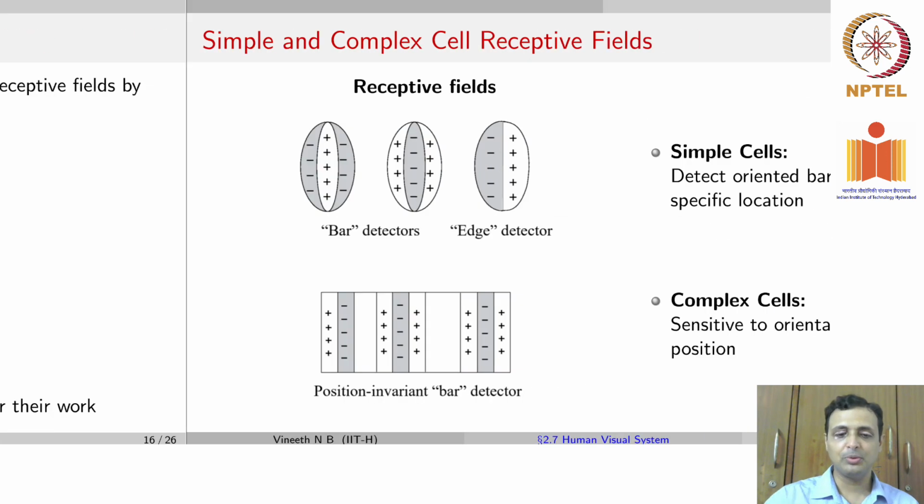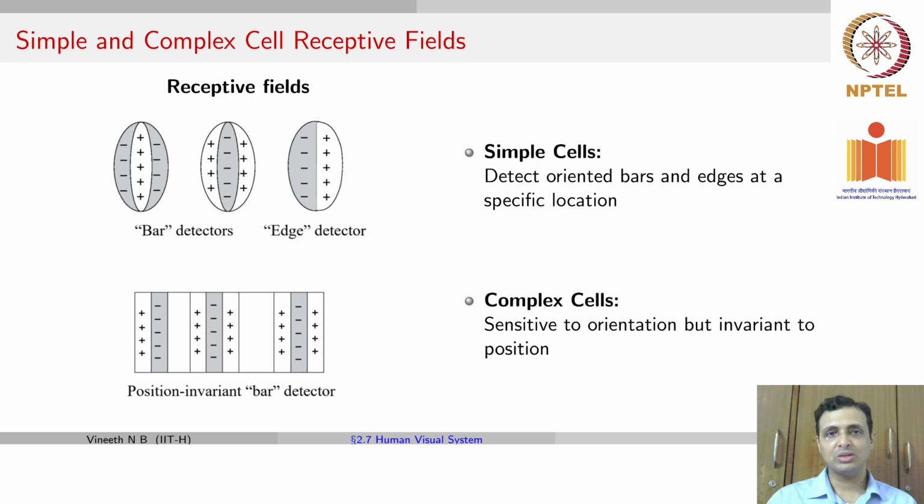And one of their largest contributions was to show that the V1 cortex has two kinds of cells: simple cells that simply detect oriented bars and edges. For example, you can see a bar detector. A bar is simply a white region flanked by two black regions or otherwise.